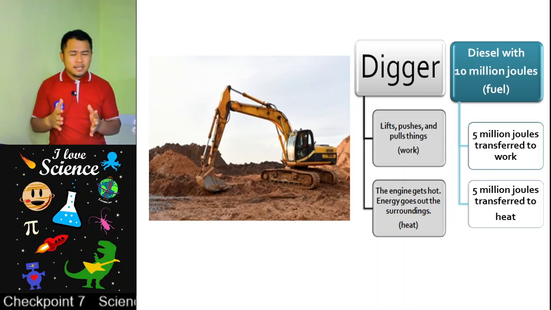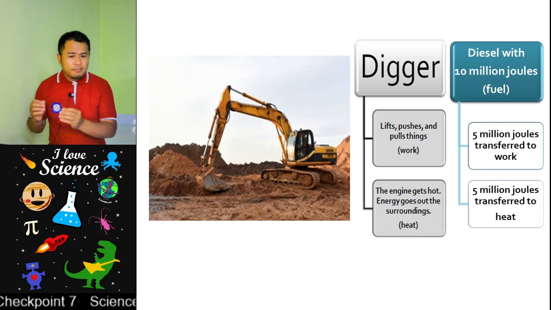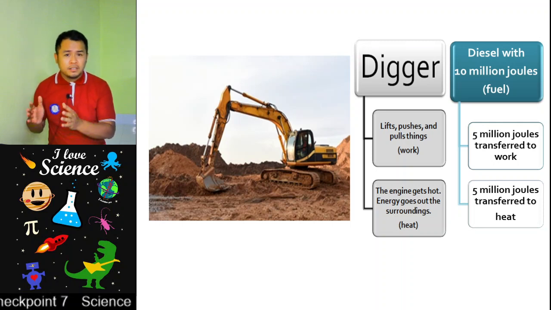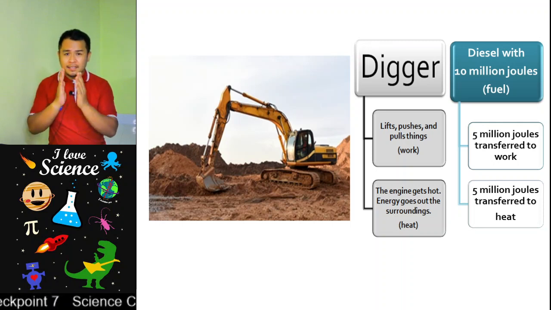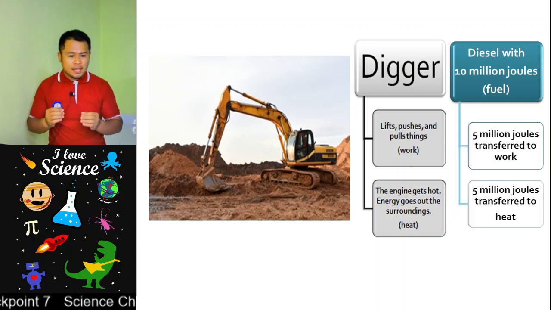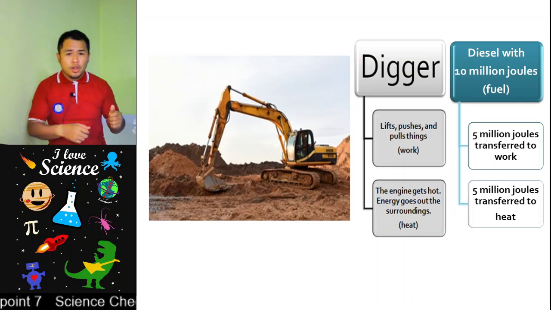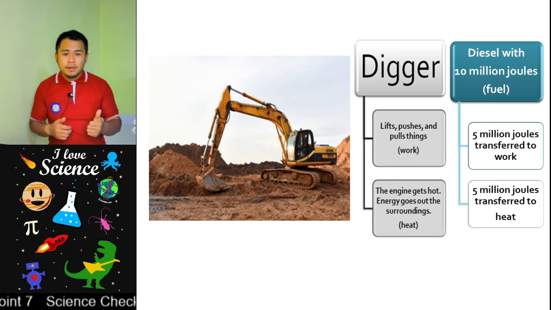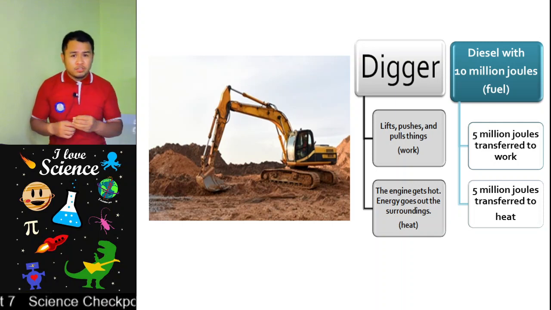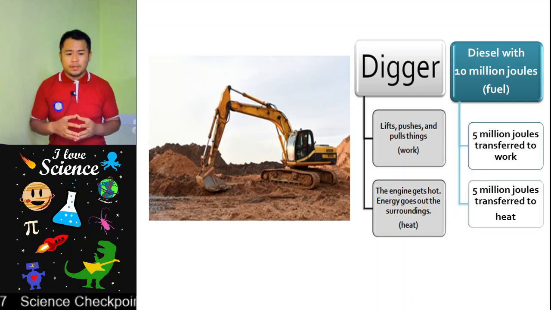So see, inside the tank, 10 million joules. And then change happens. And then we've got 5 million joules for the work it has been doing, and 5 million joules to the heat that was transferred to its surroundings.